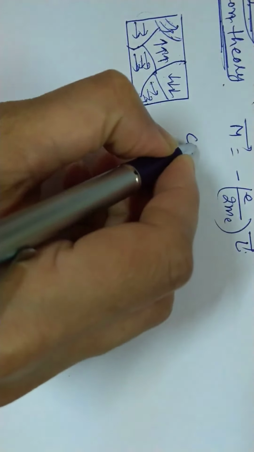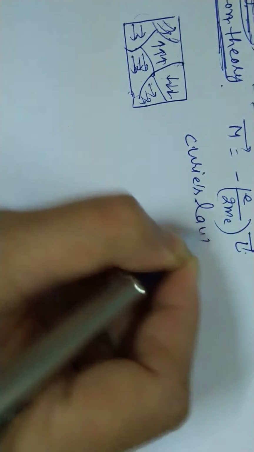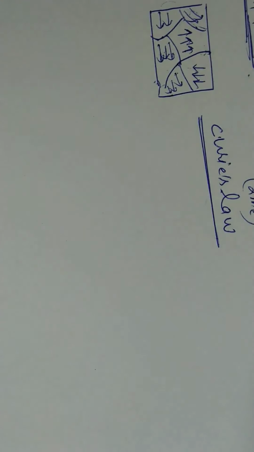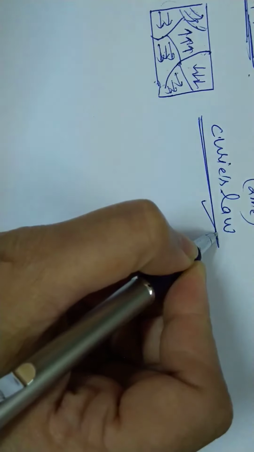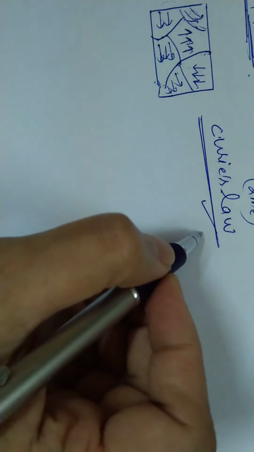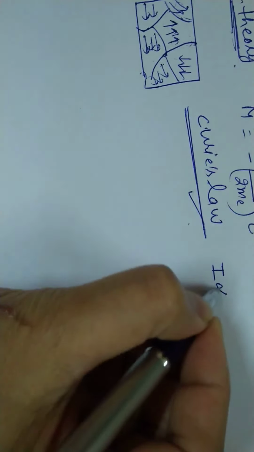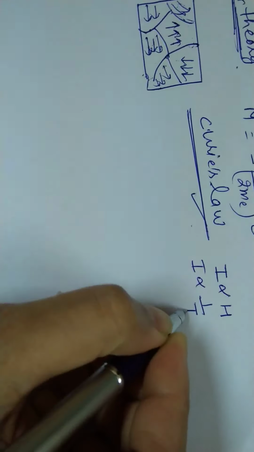Here in magnetism we have one more topic, that is Curie's law. This law is defined for paramagnetism, because paramagnetic materials are temperature dependent. According to this, for a paramagnetic material before saturation, the intensity is proportional to the magnetic intensity and inversely proportional to temperature.